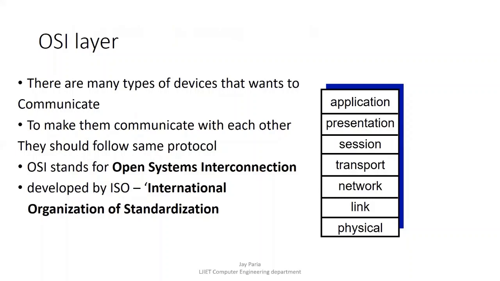Now, the OSI layer. As we discussed in the layering concept, to perform a task, if we divide the task into smaller tasks and assign one smaller task to one layer, then solving the problem becomes very easy.